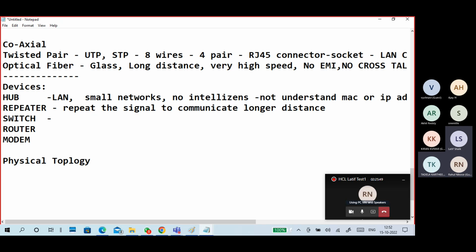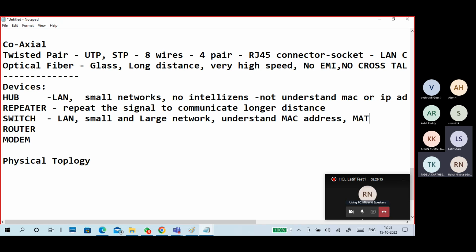What is the switch? It is also used for LAN, but for both small and large networks. Large network means large size network. It understands MAC address.